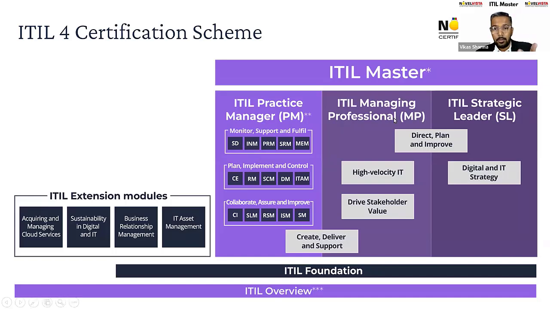Now, in case you are managing professional certified and you are strategic leader certified, along with that, you're also practice manager certified. Let's say we completed these 5 certifications: create, deliver, and support, drive stakeholder value, high velocity IT, DPI, that is direct, plan and improve, and digital and IT strategy. And along with that, if I complete monitor, support, and fulfill, so I'm managing professional certified, I'm strategic leader certified, I'm also ITIL practice manager certified.